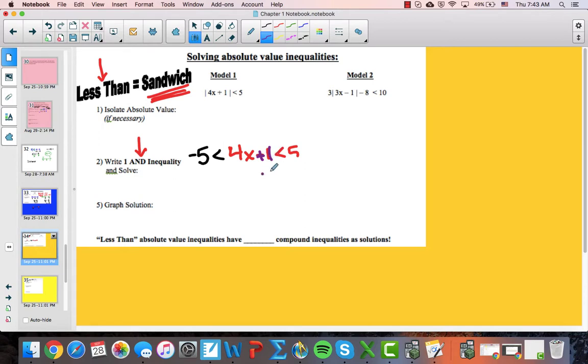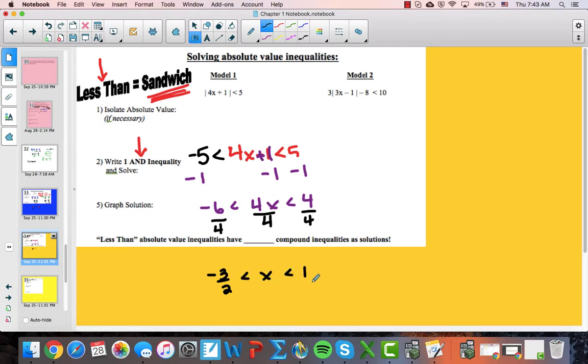Okay, so we subtract 1 from everything, and we get negative 6 is less than 4x is less than 4. Then we divide everything by 4, and I'm going to have to come down here a little bit. So I get negative 3 over 2, I simplified 6 over 4, is less than x is less than 1.